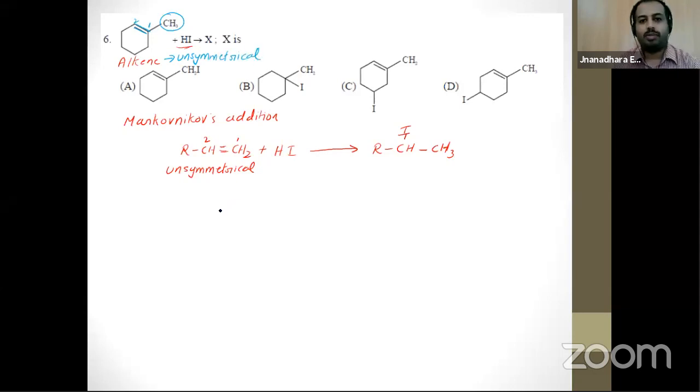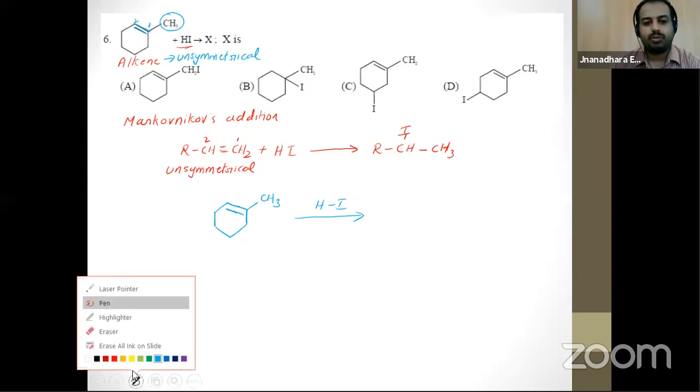Which means that the given reaction here is in accordance with Markovnikov's addition, according to which H, the positive part of the reagent, will add on to the carbon of the double bond with more number of hydrogens. Which carbon has more number of hydrogens? It is this carbon.